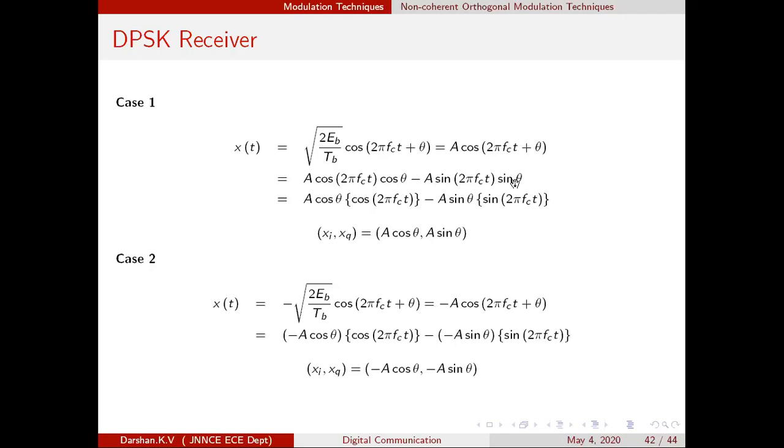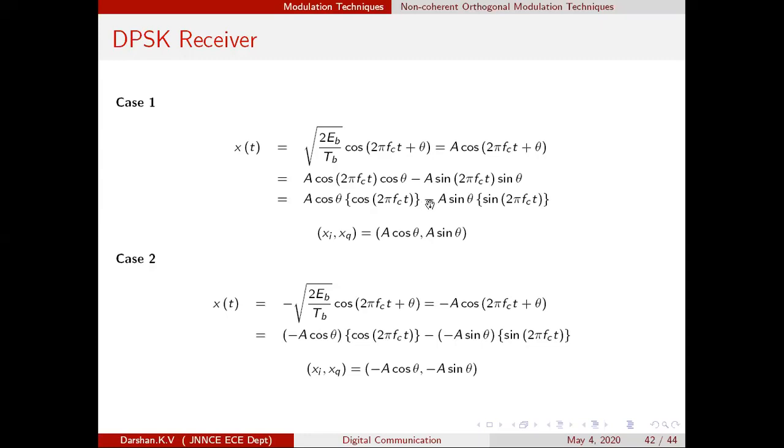You rewrite the expression as follows: A cos theta cos 2 pi FCT minus A sin theta sin 2 pi FCT. The coefficient associated with cos 2 pi FCT is A cos theta. Write this over here as an ordered pair. The coefficient associated with sin, with the minus sign, you write it as well.